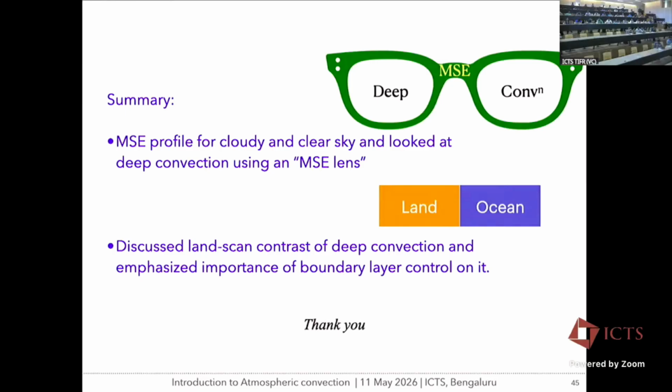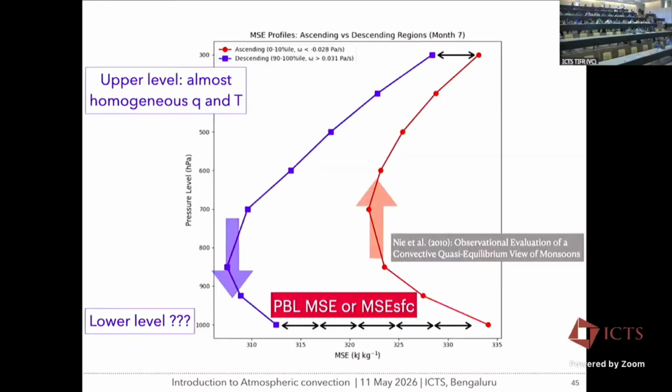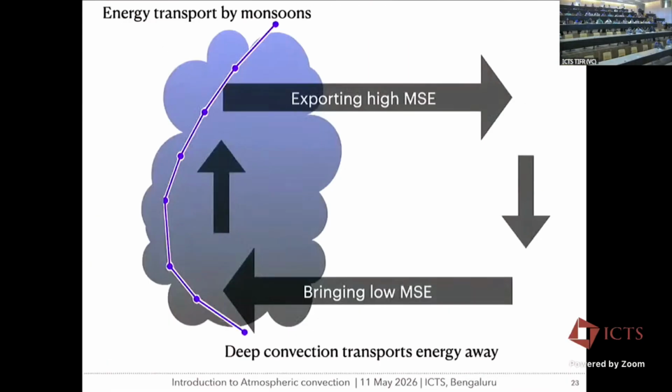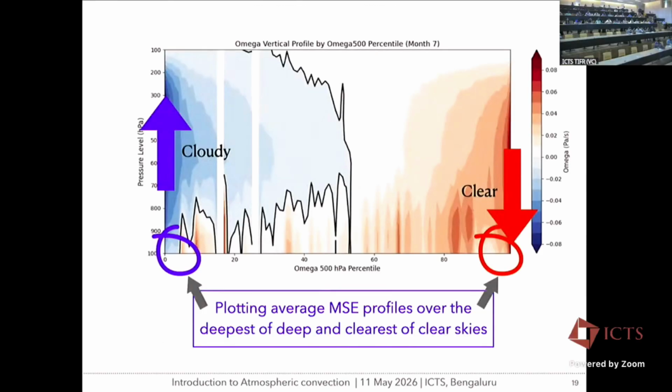My query is about slide number 19, I guess, where you show the magnitudes of vertical velocity. Here in clear skies, you show downward velocities of omega almost the same as the upward velocities.